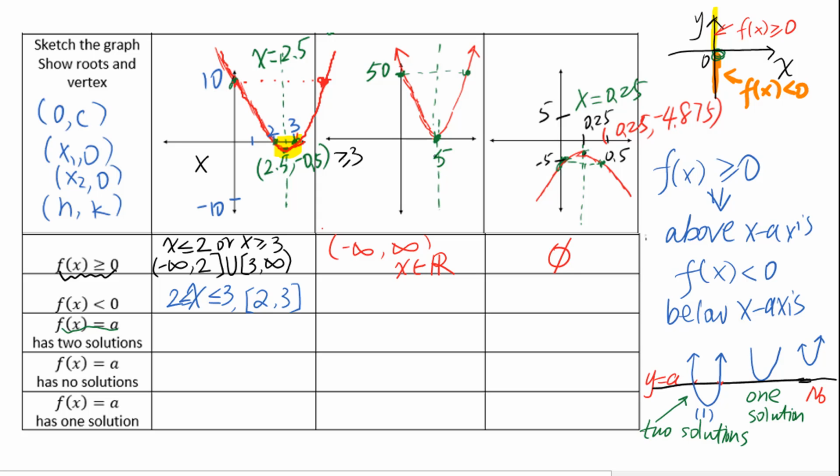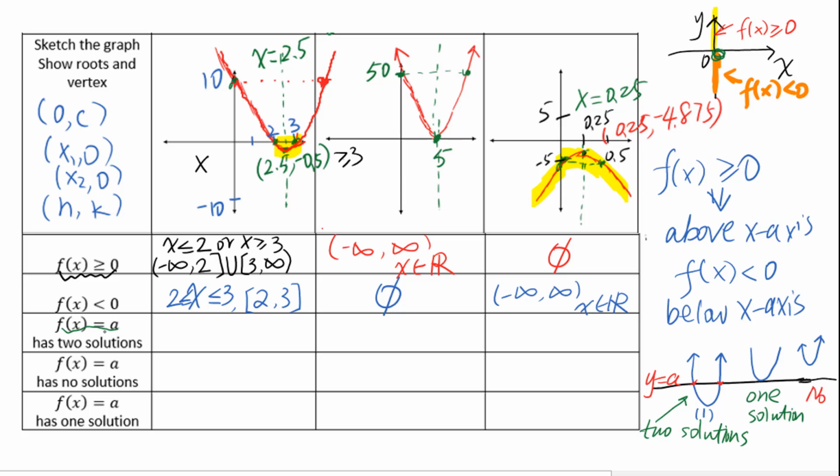For the second graph, no part of the graph is below the x-axis, so this is an empty set. For the third graph, f of x less than 0 means below the x-axis. You can see all the graph is below the x-axis. Therefore, you can write down from negative infinity to positive infinity, or x is all real numbers.